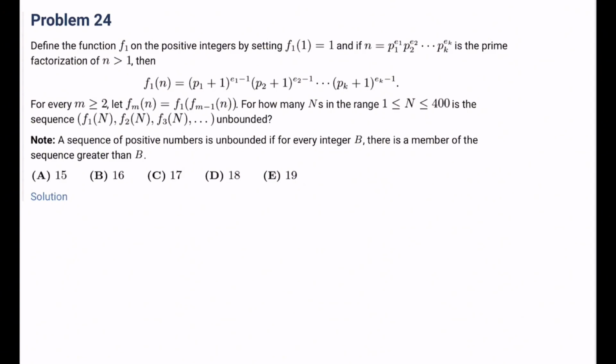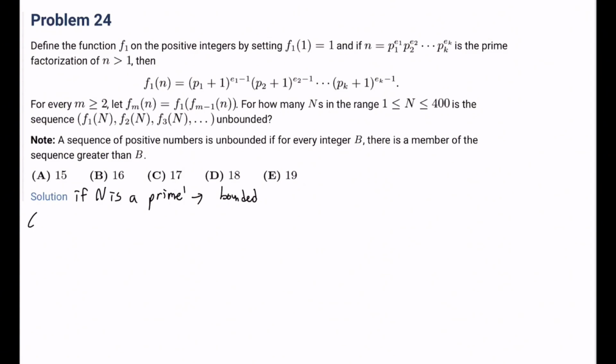First of all, what we have to notice is that if n is a prime to the 1st power, and just that, then this is going to be bounded. Because right after this, it's just going to be 1, and then 1, and then 1 all over again, so it's just going to be bounded at 1.